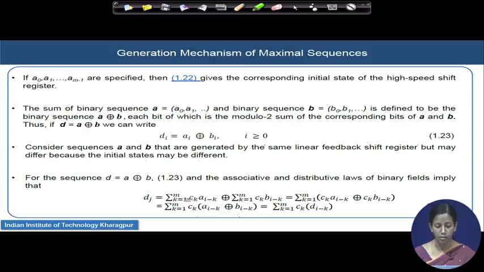So the sum will come out, and if I take C_k A_(i-k) XORed with C_k B_(i-k), I can take C_k common, and then it is basically the XOR operation going on between A_(i-k) and B_(i-k). So, A_(i-k) XORed with B_(i-k) is basically D_(i-k).